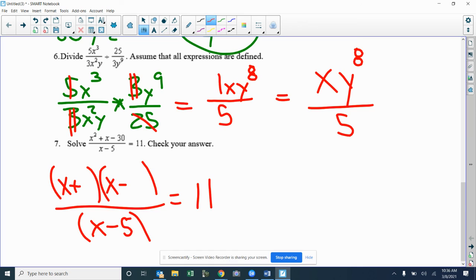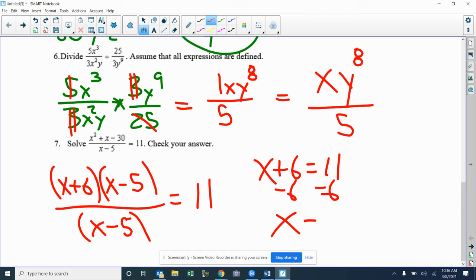Factors of 30 would be 6 and 5. That's going to give me that middle term of +1. So hence, we're able to cancel the x minus 5. So now we're down to x plus 6 equals 11. Subtract 6, and this is our possible answer, x equals 5.